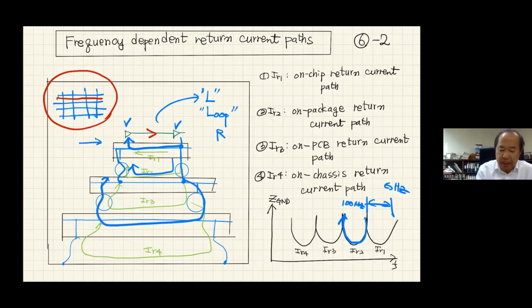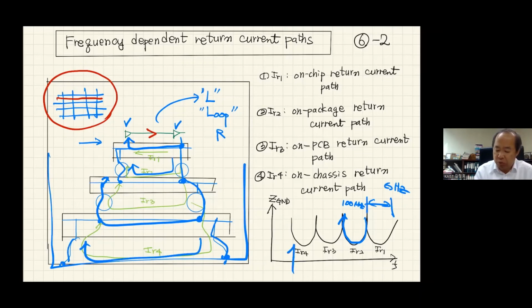So on-chip ground, the package ground, and the PCB ground have to be connected. And eventually, your whole system will be grounded to the chassis, and return current will go through the chassis. And that could be the kilohertz range.